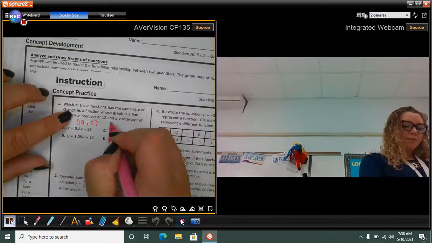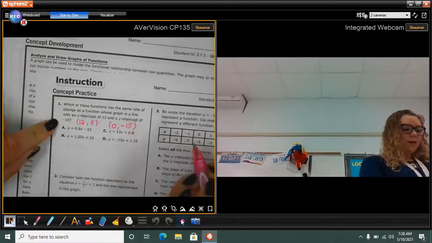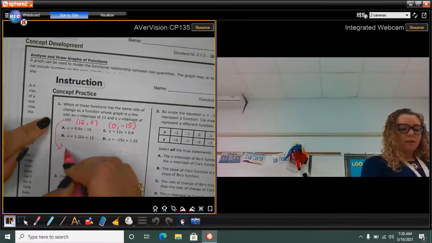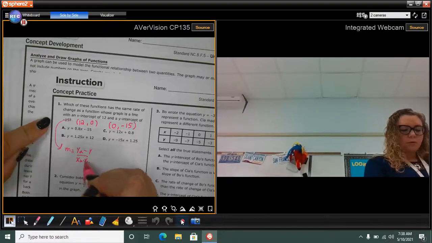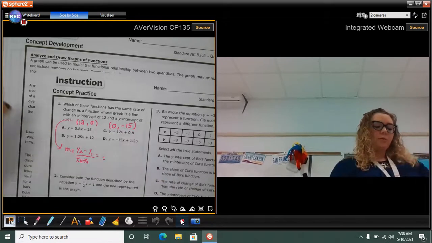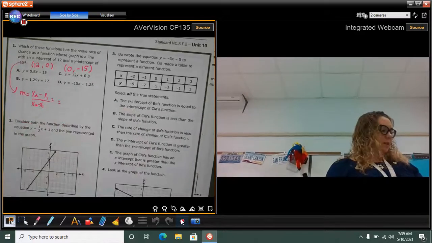Your y-intercept is when x is 0, negative 15. Now use these points, plug them into your slope formula, and whatever answer you get, match it to one of these up here. This is for homework, and I just need a picture of this.